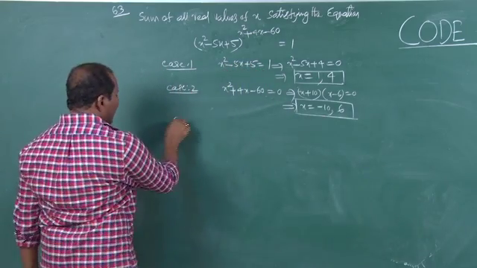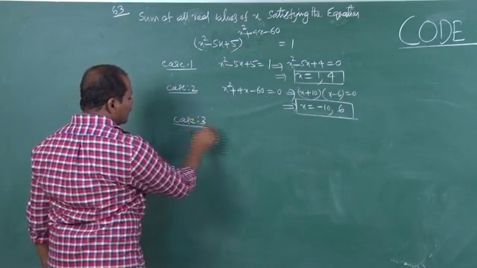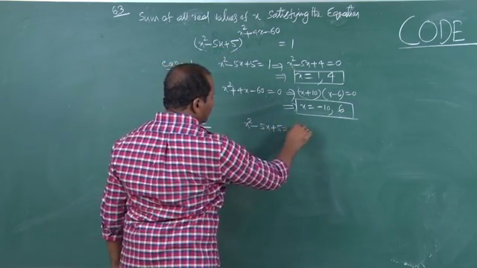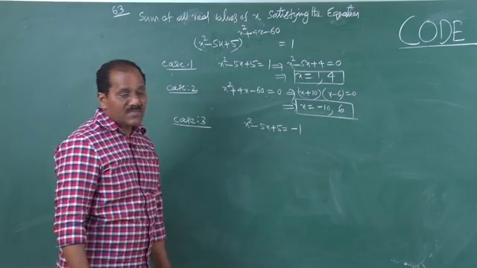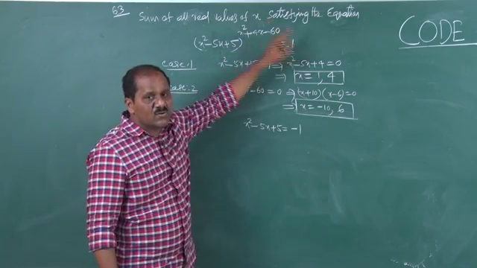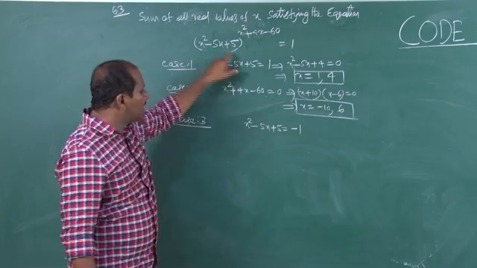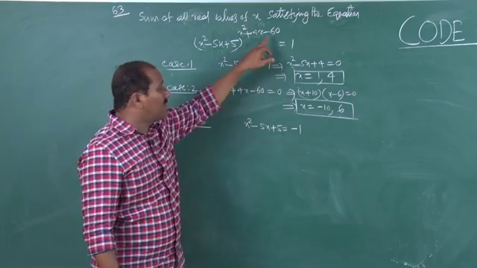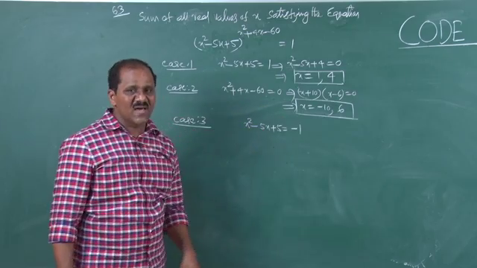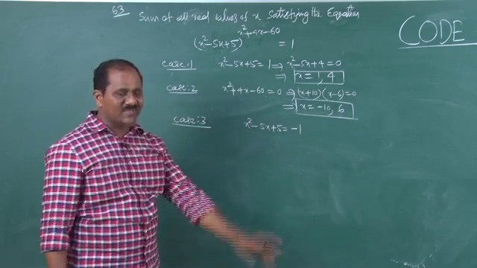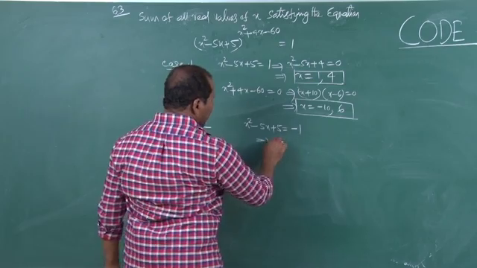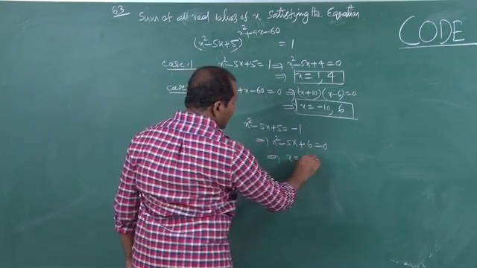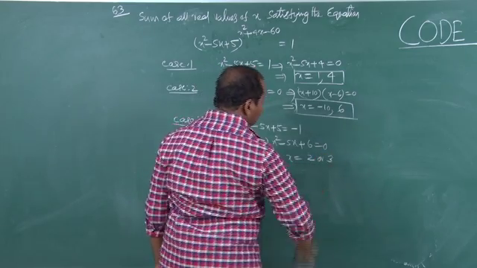And the other possibility, case 3, is that base is -1: x² - 5x + 5 = -1, because (-1) whole power even is equal to 1. So let us start with base equal to -1. For the values we are getting, the power must be even; only consider those values where the power is even and neglect the remaining values. Now taking x² - 5x + 6 = 0 implies x is equal to 2 or 3.